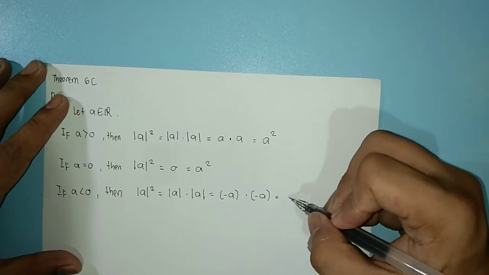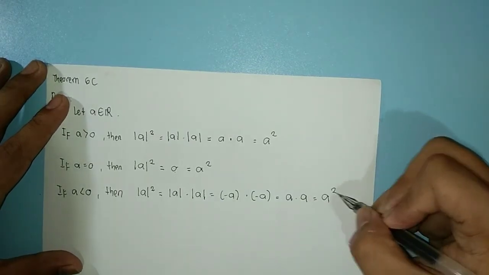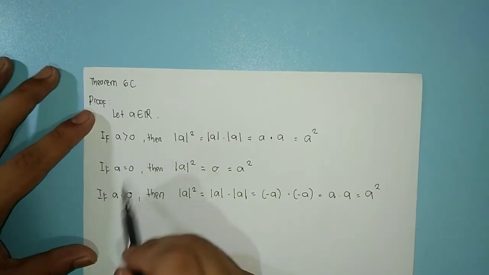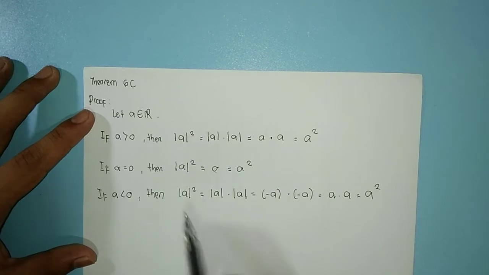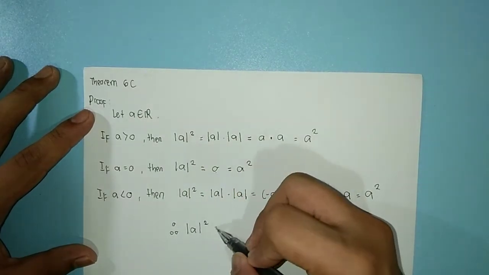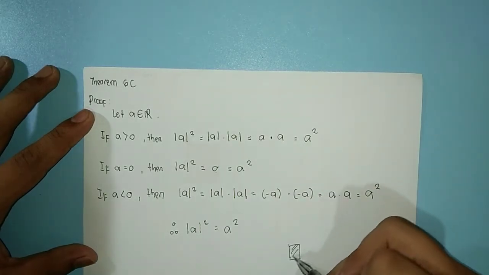That is equal to a times a. And what is a times a? a squared. So, kahit anong real number, yung absolute value ng a quantity squared will be equal to a squared. Ganun lang kasimple.